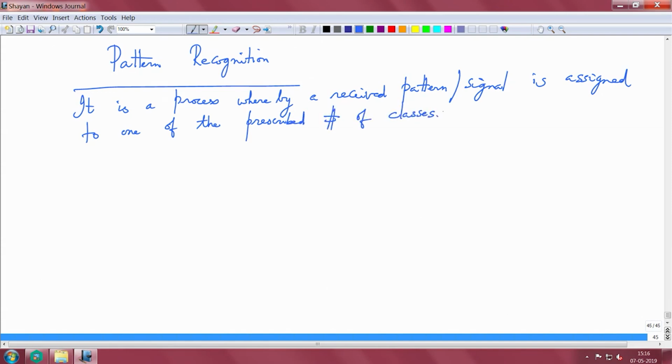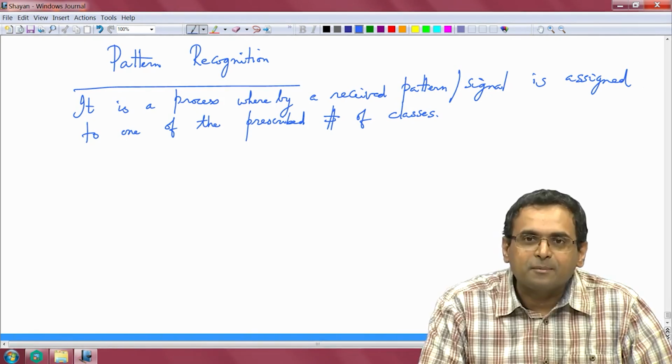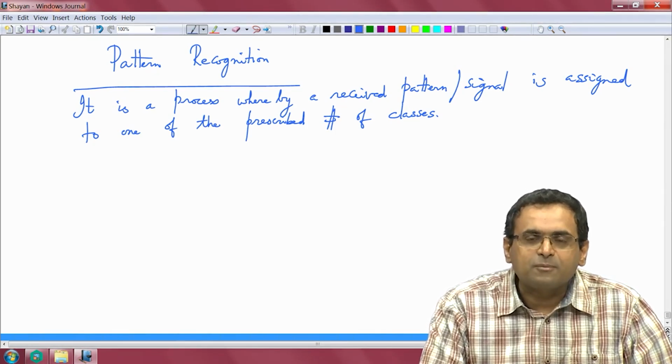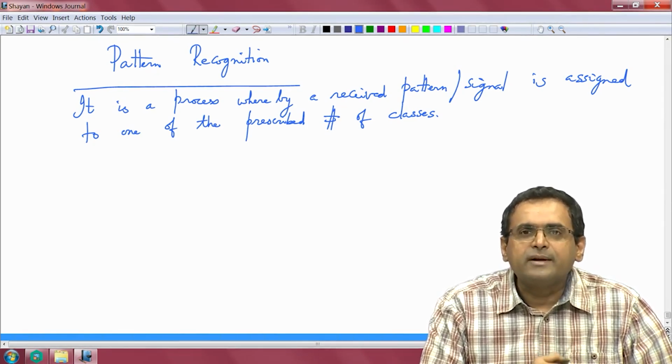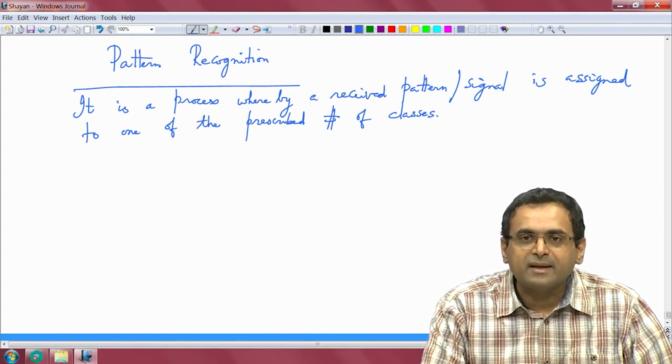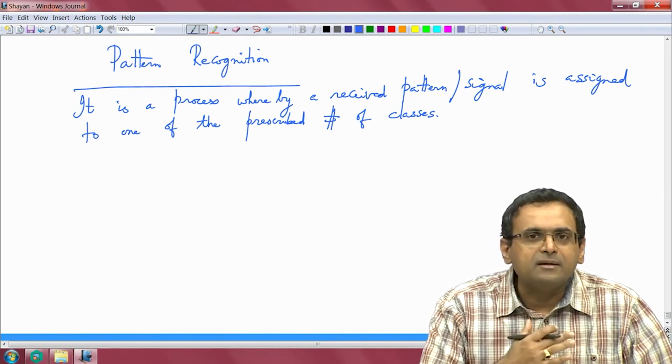People are familiar with pattern recognition, right, and I think this is a study over the last possibly 50-60 years of signal processing. A good example for a pattern recognition task is, suppose I give you isolated words. People are speaking 1, 2, 3, 4, 5, 6, 7, 8, 9, 0, right.